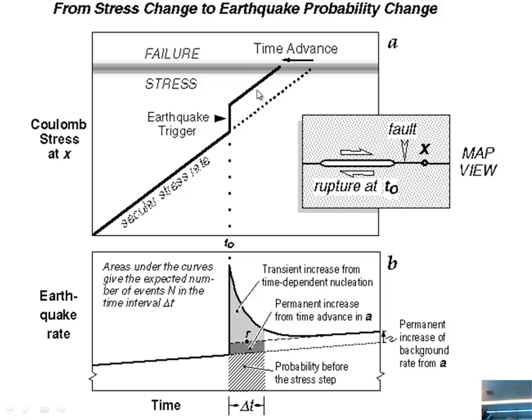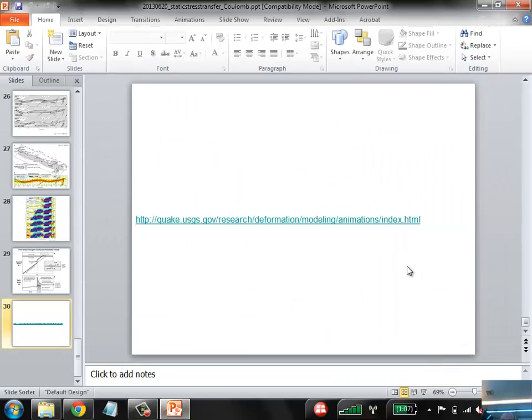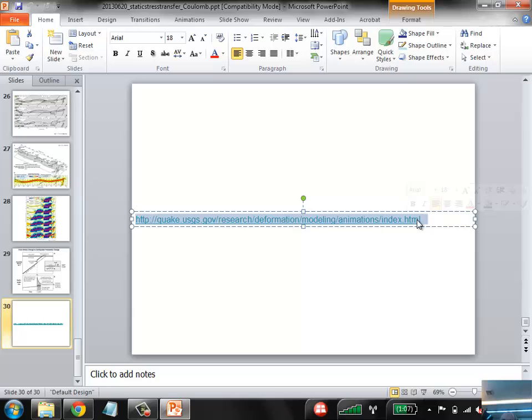And so they tried to bring a little bit of time into the model at the end. So there are some different animations on this site. Maybe we can just look at one or two quickly, and then we'll play with Coulomb.